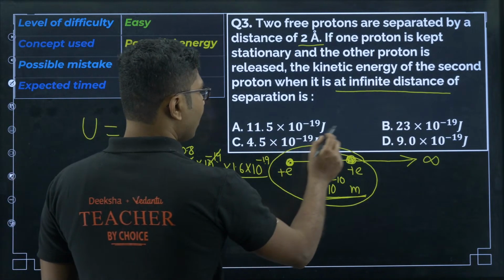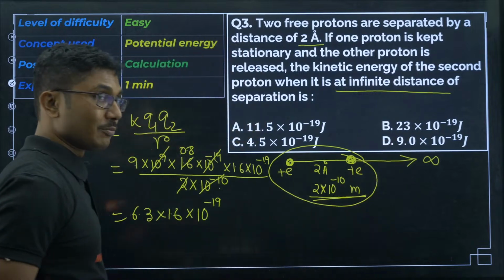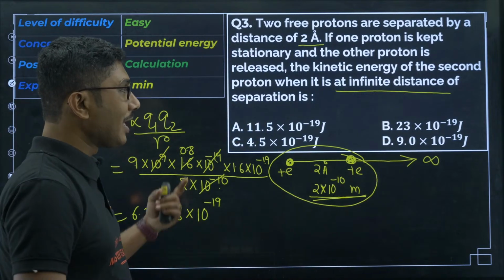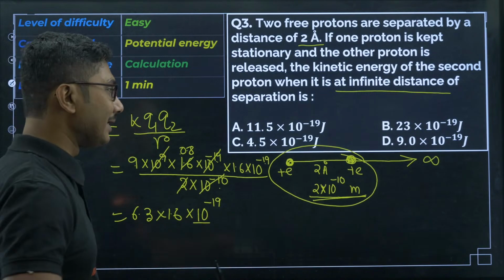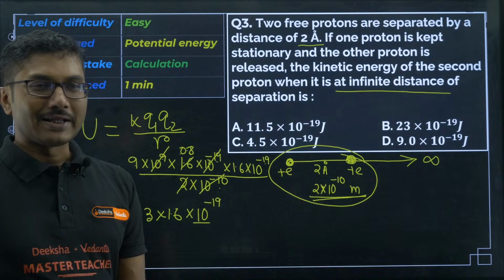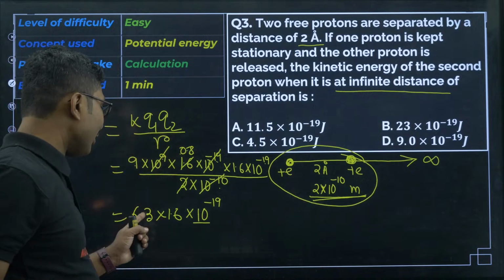So, we can see that all the options have 10 to the power of minus 19. So, my hypothesis in the previous problem, that you cannot determine by only checking the 10 to the power of minus 19, applies here. All of them have the same power, so you have to check what will be the value of this.